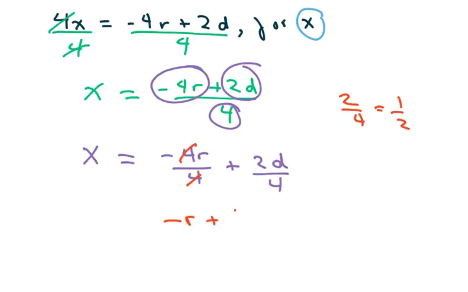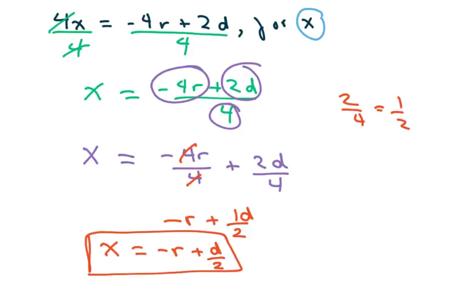So that's 1/2, and the d goes on top. So 1 times d is just that. So we have x equals negative r plus d over 2. Now, I don't know if you have to reduce it like that, but if you do, that's how you would do that.